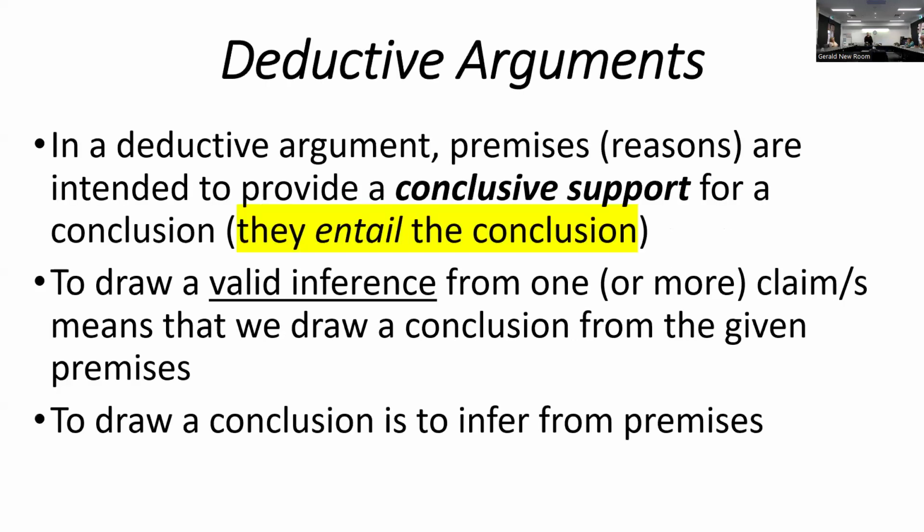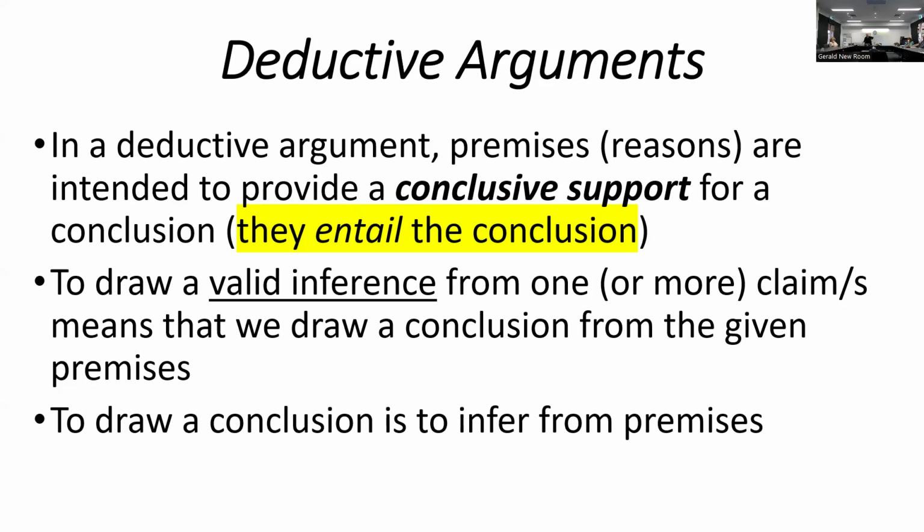So once again, deductive arguments. In a deductive argument, premises, reasons, are intended to provide conclusive support for a conclusion. The premises entail the conclusion, otherwise we don't have an argument. So we are back at inference: we draw a valid inference from one or more claims, which means you draw a conclusion from given premises.